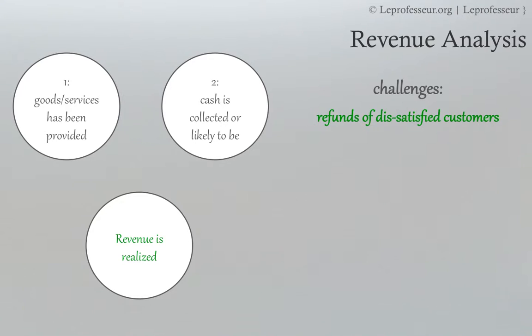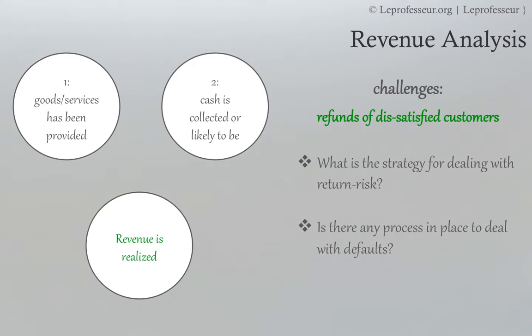But there are certain challenges. Now, in the case of companies refunding money to dissatisfied customers, with a penalty, is it being accounted for in the balance sheet or not, and what strategy does the company have to deal with the return risk? Is there any process in place to deal with the defaults, or in this case to deal with the returns?